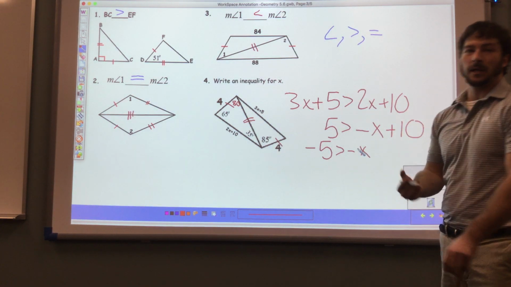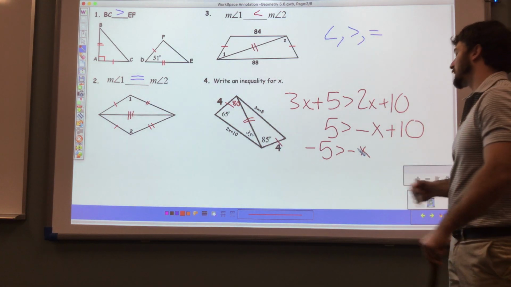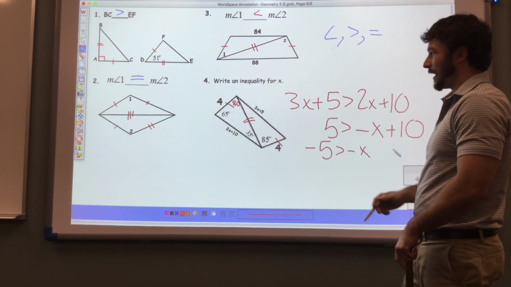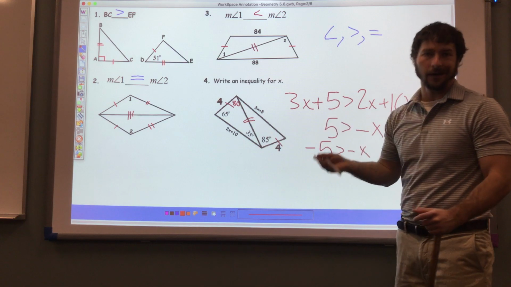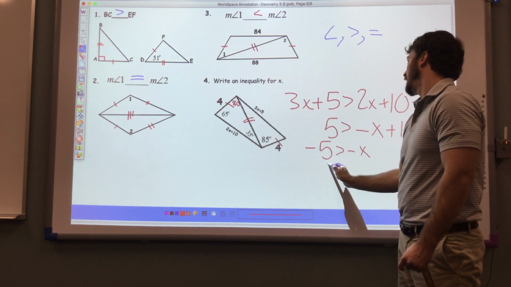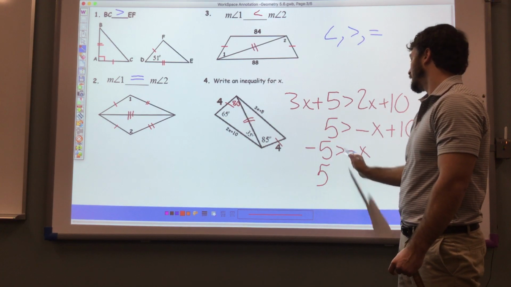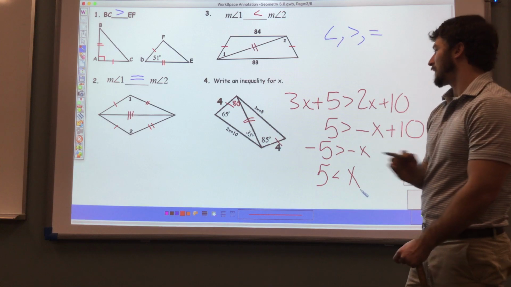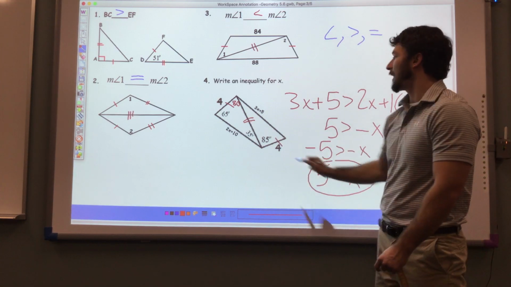And remember, when you're dealing with inequalities, you've got to flip the switch when you divide or multiply by a negative, not when you subtract. So here if we divide by negative 1, the sign switches: 5 is less than x, or x is greater than 5. This would be your solution to that problem.